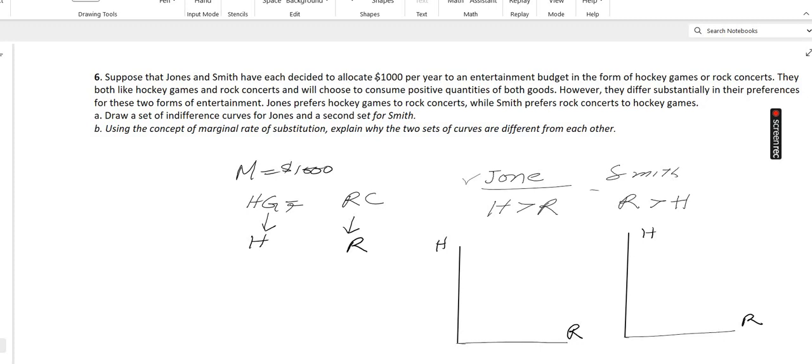So definitely for every additional unit of R provided to him, he would be willing to sacrifice a lesser amount of hockey.